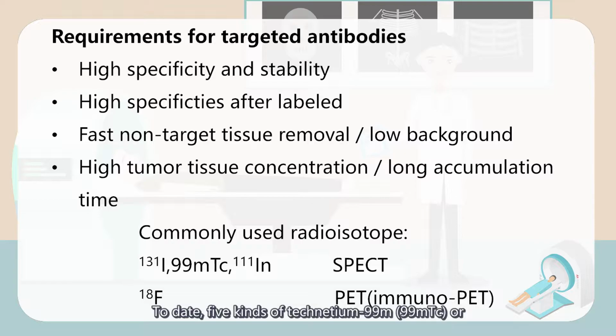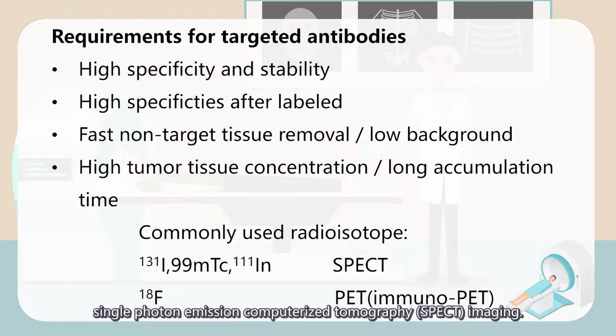To date, 5 technetium-99m labeled or indium-111 labeled murine monoclonal antibodies have been approved by the FDA for single photon emission computed tomography imaging. It's for SPECT imaging.